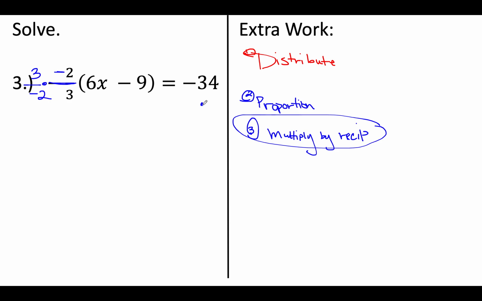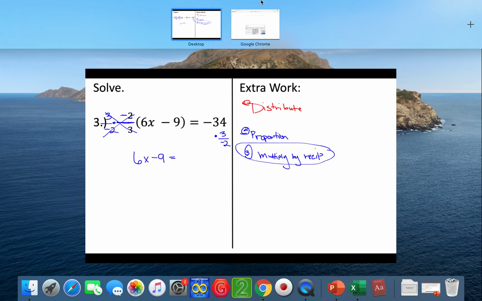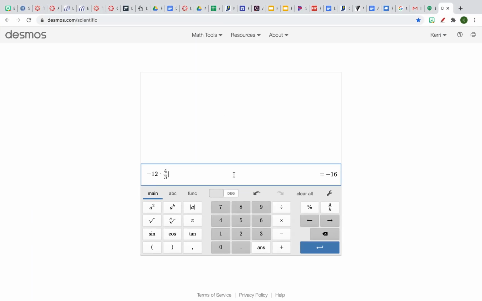I'm going to multiply this by 3 over negative 2. These cancel out. I'm left with 6x minus 9 is equal to negative 34 times 3 over negative 2.